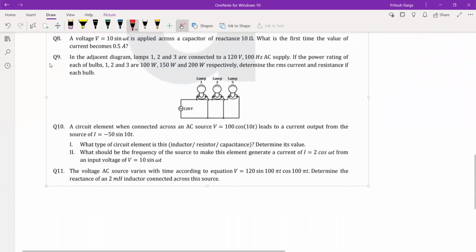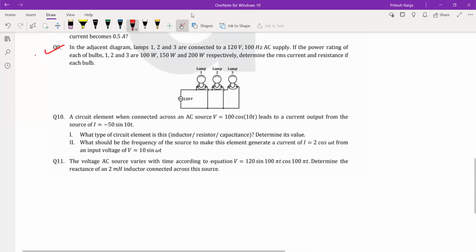Okay, this number 9, these lamps are connected to this AC source. Power rating of each bulb are 100, 150 and 200 watt respectively. You have to determine the RMS current and the resistance of each bulb.